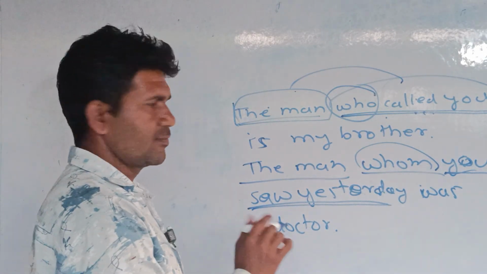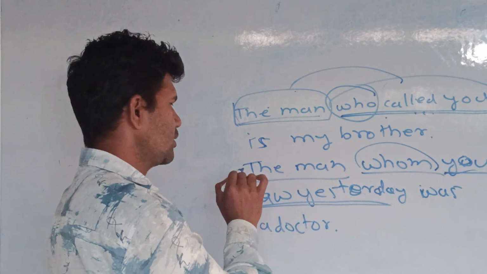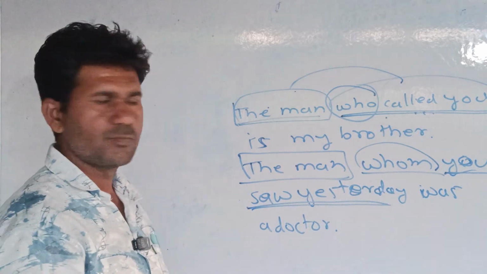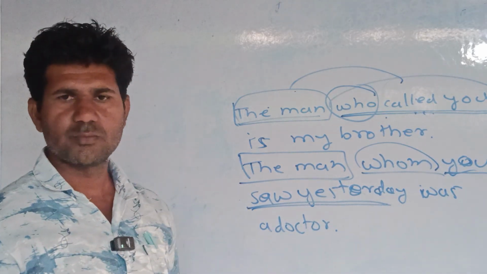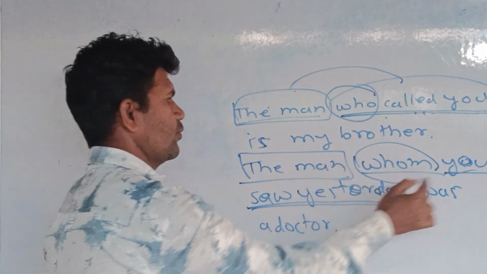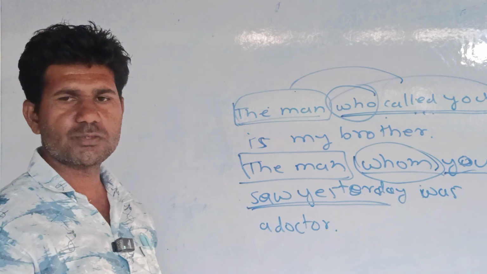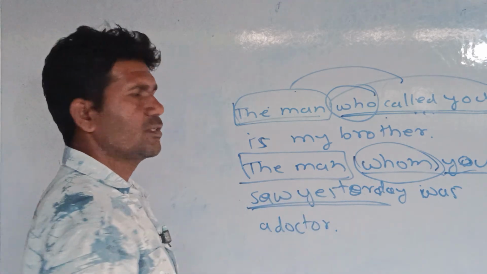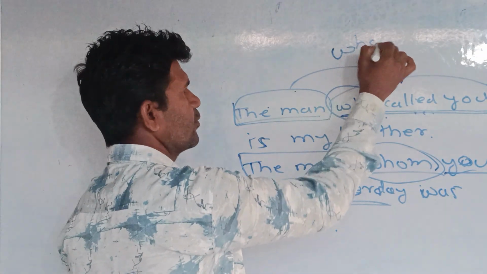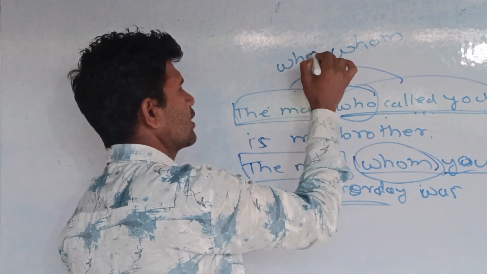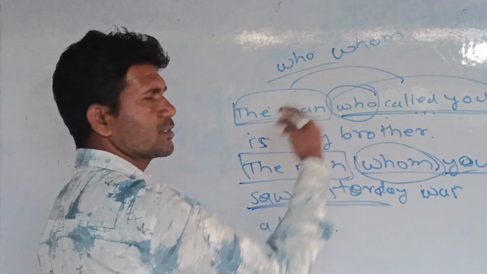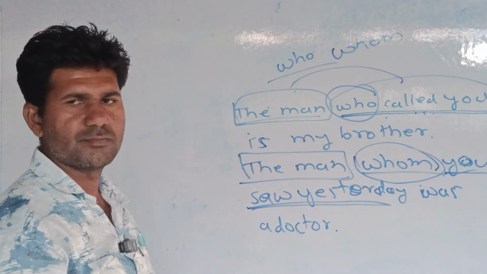This relative clause is connected to the man by this word whom. Whom is our relative pronoun. Who and whom are relative pronoun when they connect relative clause to noun.